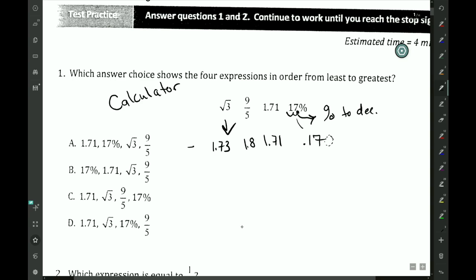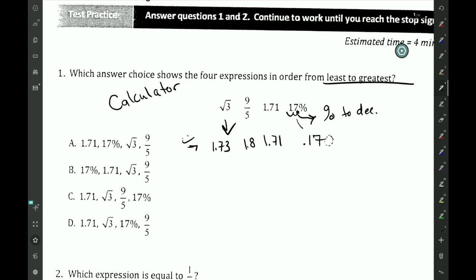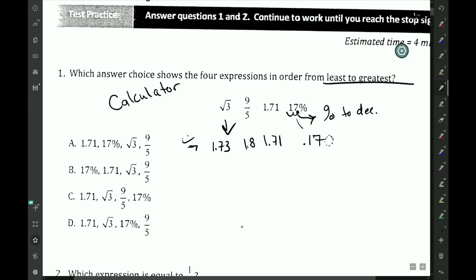Once they're all in the same form and looking good, you just arrange each from least to greatest, okay? They'll probably have answers on there the other way around, but you're better than that. So least to greatest, 0.17 is the least.